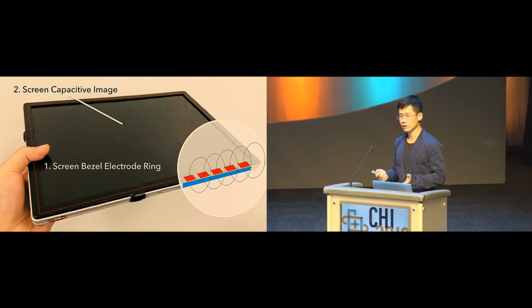This gives us rich contact information, such as the user's palm on top of the screen, rather than merely giving us the touch location. And third, there's an IMU sensor, including the accelerometer and gyroscope, which we use to get the device angle and orientation.